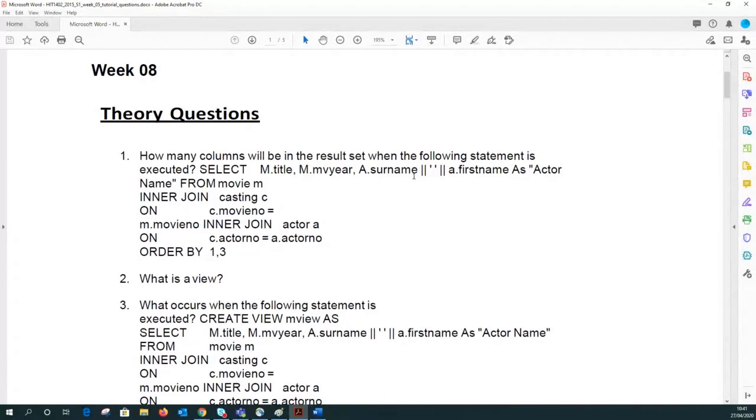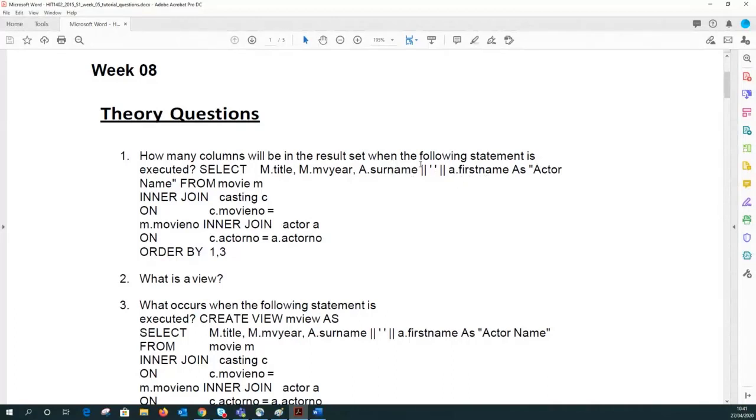Now in this case, they are selecting 2 columns here, surname and first name, from the actor table. I think A stands for the actor table. They are joining actor here, you can see. But in this case, we combine these 2 columns using these special characters. If you wanted to combine 2 columns in order to produce the report, you can do it like this.